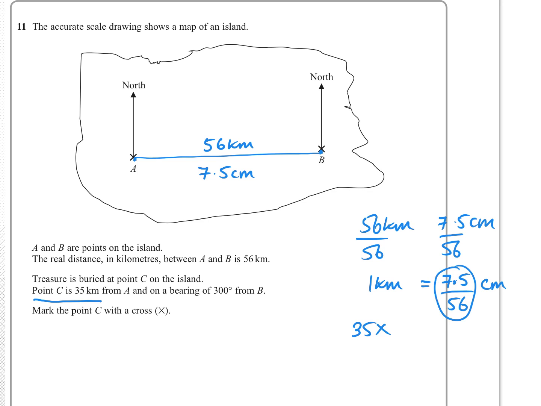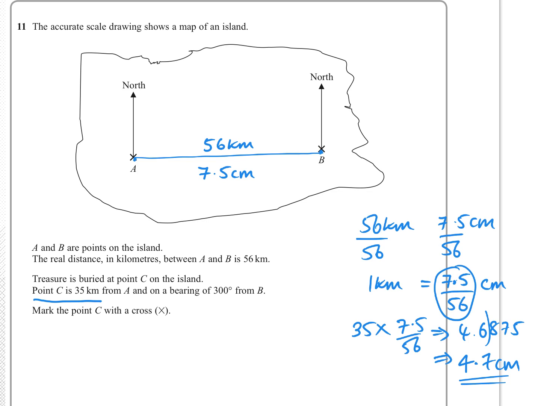Let me just put that in my calculator, so we've got 35 times 7.5 divided by 56. That gives me 4.6875, and the accuracy on your ruler to one decimal place, say 4.7 centimetres.